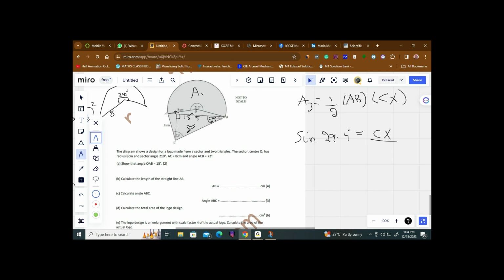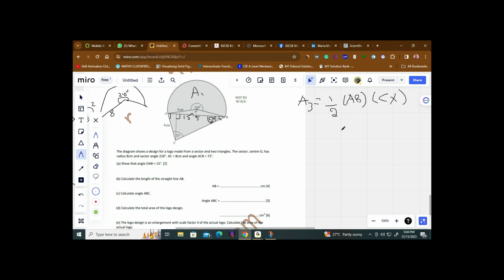I can find out the third angle as well very easily. I can easily find out angle A by subtracting 72 and 29.4 from 180.